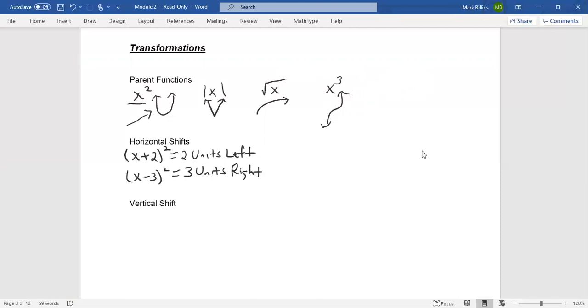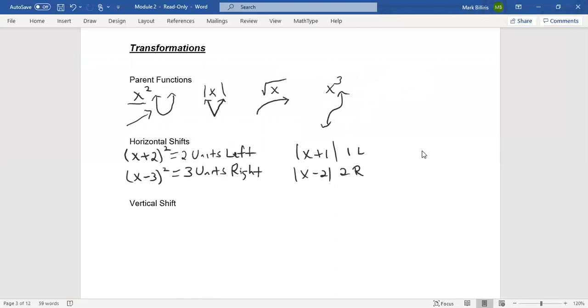Let's look at another parent function, the absolute value. So notice, what's being added or subtracted is within the absolute value. So in the first case, we're going to shift 1 unit to the left. In the second example, we're going to shift 2 units to the right.